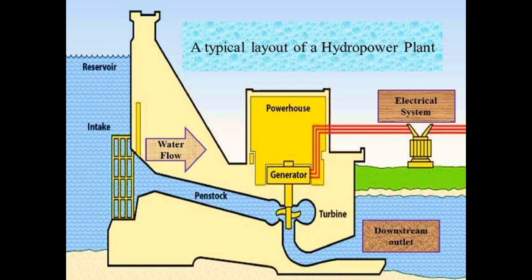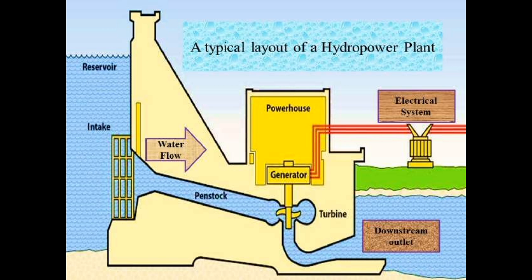Once the electricity is generated, it is passed on through high tension cables to the power stations, where the electrical energy is converted to another type, and after that it is passed on.